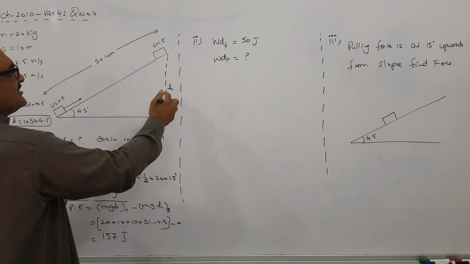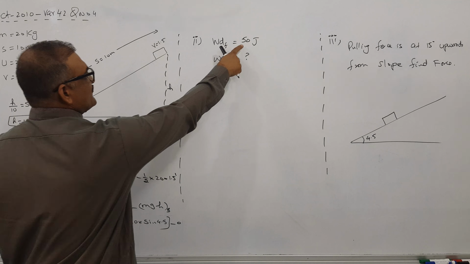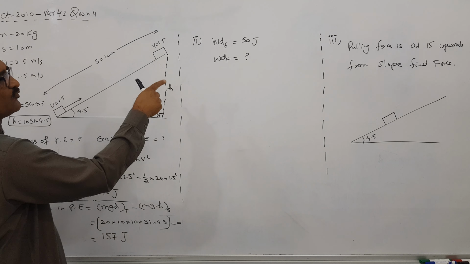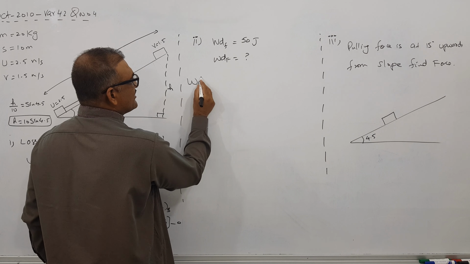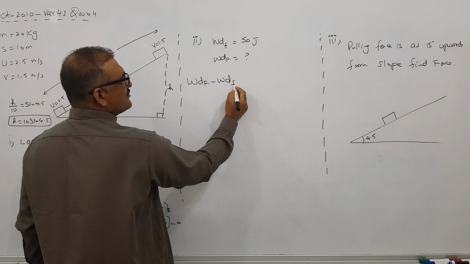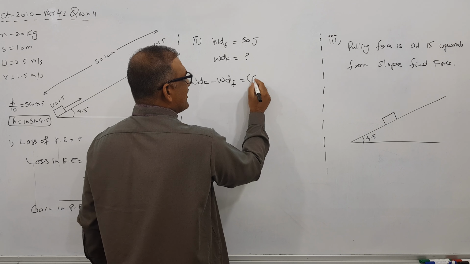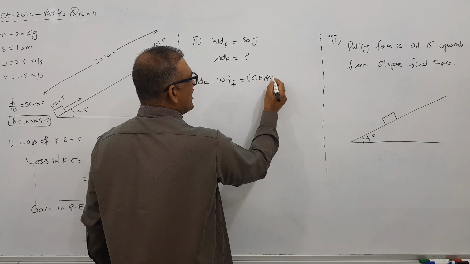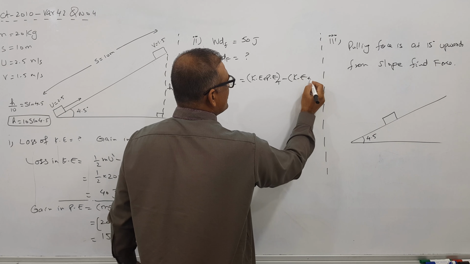Coming to this part, he said that from here to there, work done against friction force is 50 joules, and find out the work done by the applied force. So you know the magic formula I discussed: applied force work, called net work done, is equal to mechanical energy, kinetic energy plus potential energy at the top minus kinetic energy plus potential energy at the bottom.